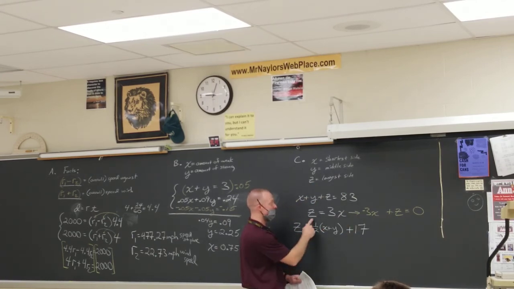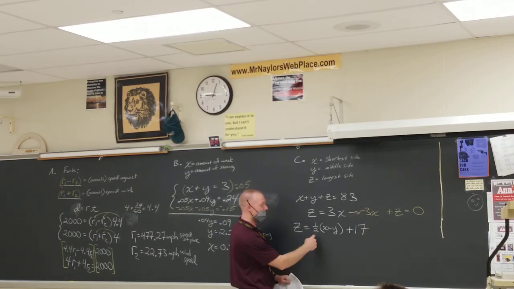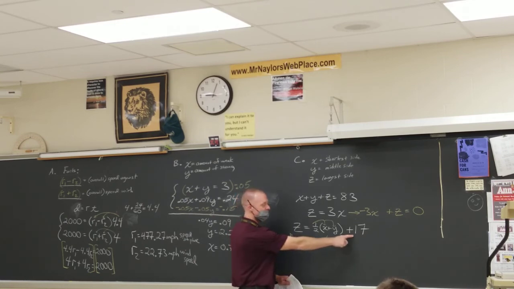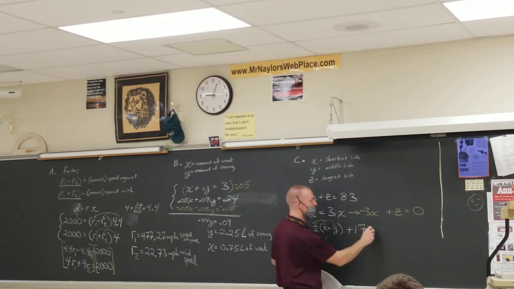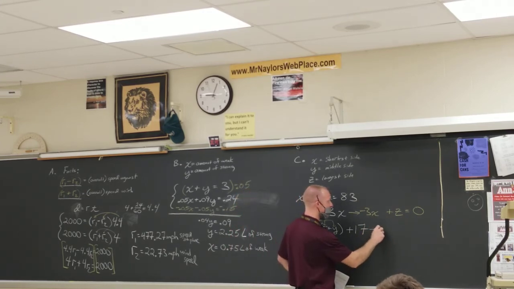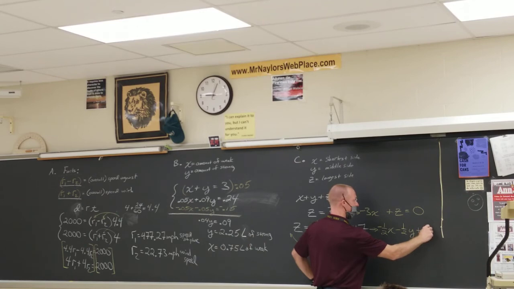By the way, I could have subtracted z and had the same conclusion, but you got to choose one method. And then over here, we have to recognize that not only is 1/2 a coefficient, but they need to both scoot over here so that 17 can be by itself. So I'm going to distribute 1/2, but I'm going to scoot it over, which is actually going to give me -1/2 x, obviously -1/2 y, and then that z is still over there.